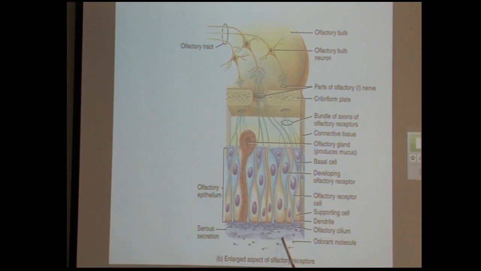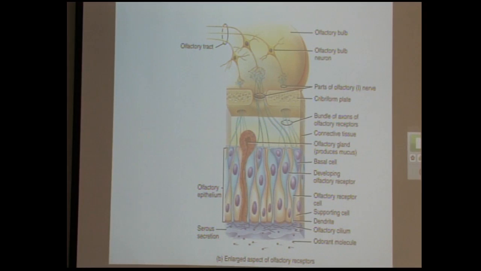Different chemicals have different odors and different shapes. These cilia have different shapes, just like when we did enzymes at some point. Maybe you have, let's pick one, let's say sulfur's a square. What's something else you might smell?